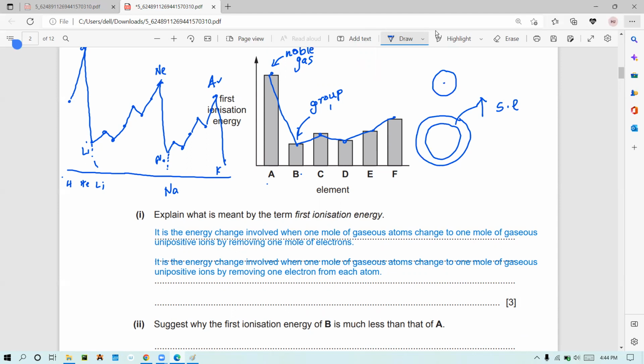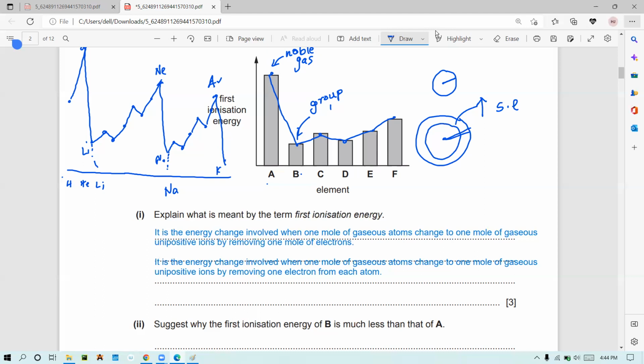And also the distance between the nucleus and the outermost energy level is higher in group 1 than group 7 or group 8 in the previous period. So radius is increasing from this noble gas to this group 1 element, and also this group 1 element in the next period has a higher shielding effect.